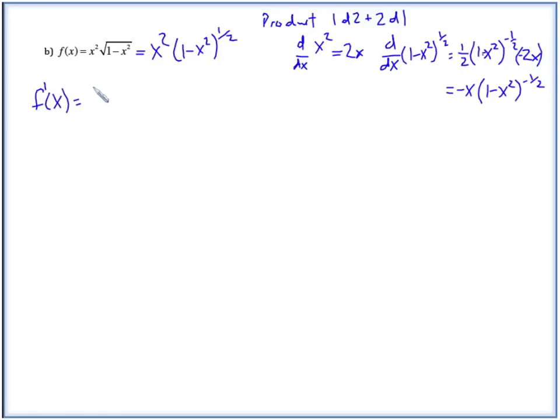So it's our first function, x squared, times the derivative of the second function, which is right here, and then plus the second function times the derivative of the first, which was just 2x.